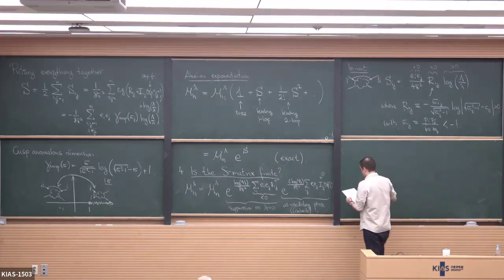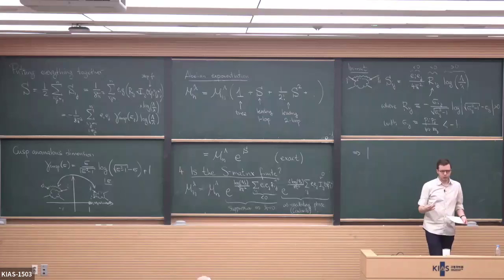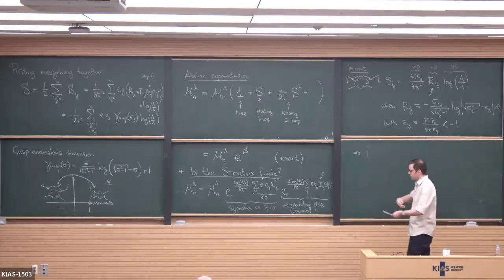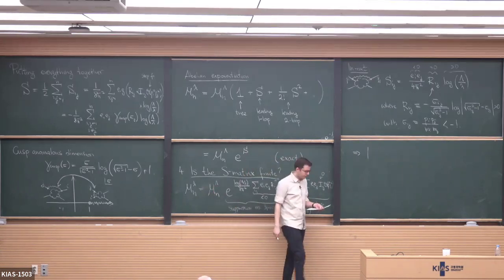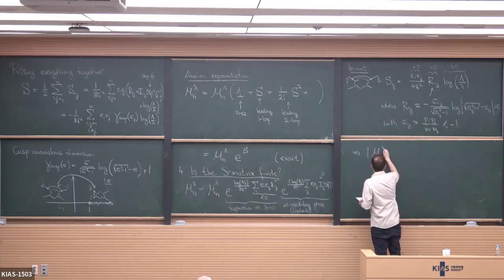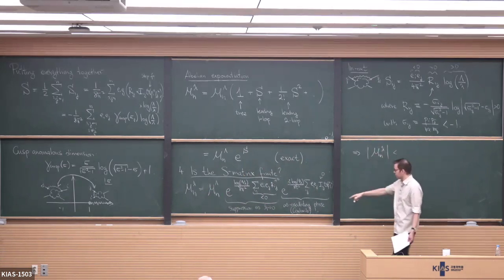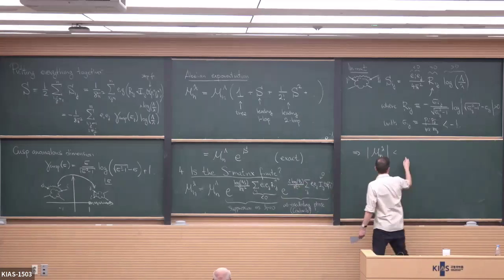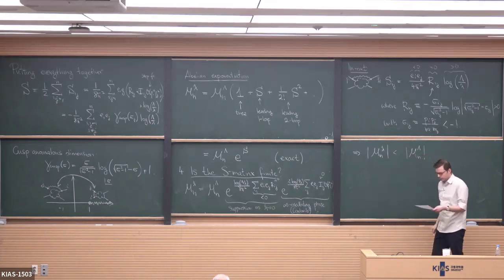Okay, so this is the correct result, and in fact, what this tells us is that if I strip away the oscillating phase, for example, when we compute the cross-section or the scattering rate, the only thing that matters is the absolute value of the matrix element. So for example, if I compute the matrix element at lambda, well, what we've learned here is that this factor is always suppressing, so the right-hand side is always smaller. So we get this result.